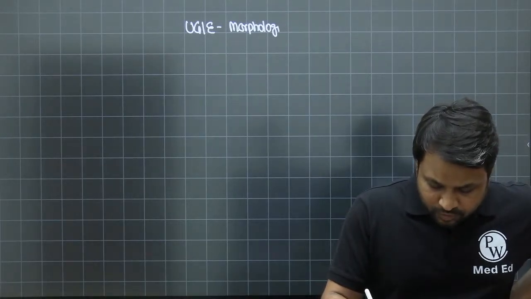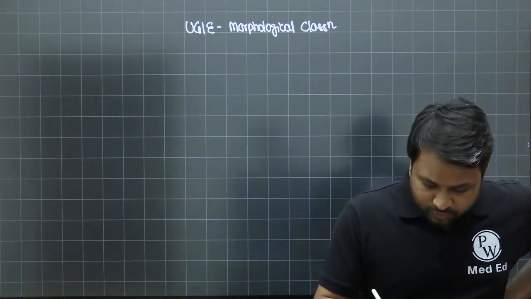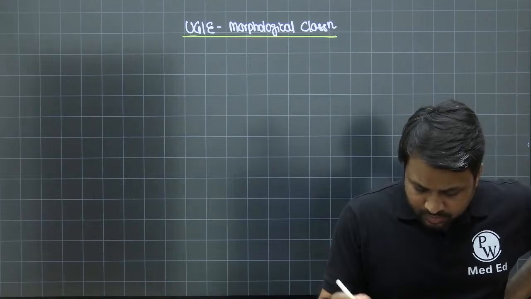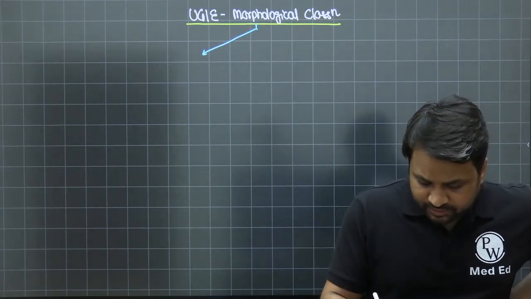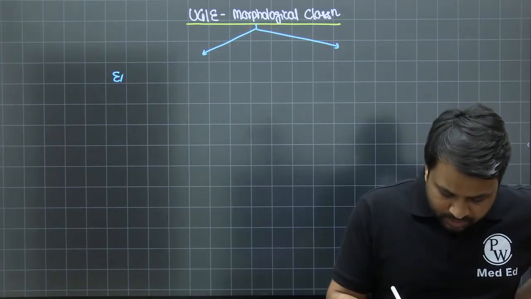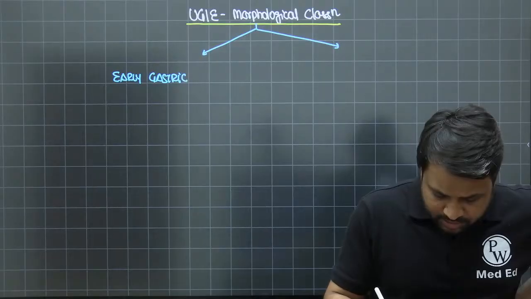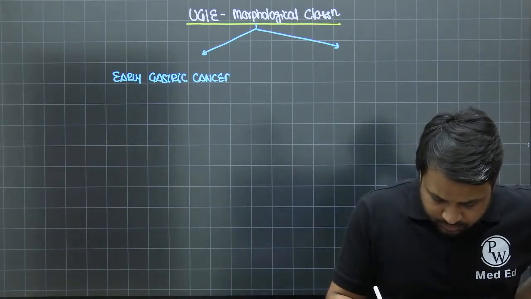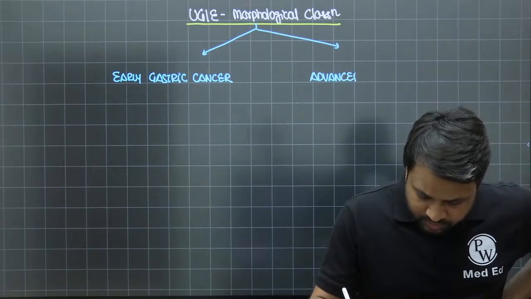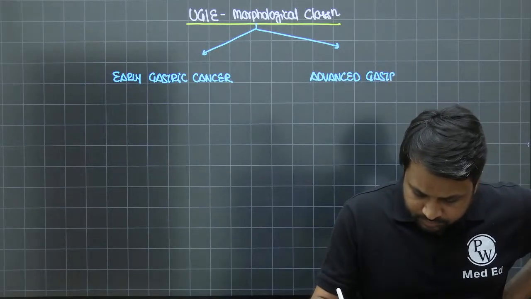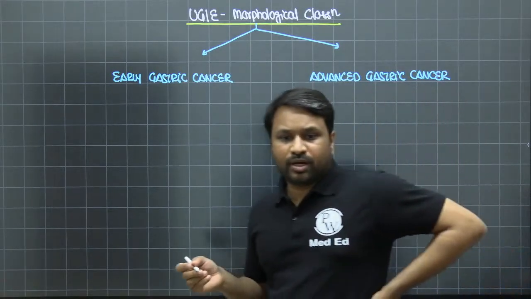The morphological classification is divided into two varieties: one for the early gastric cancers, another one for the advanced gastric cancer.